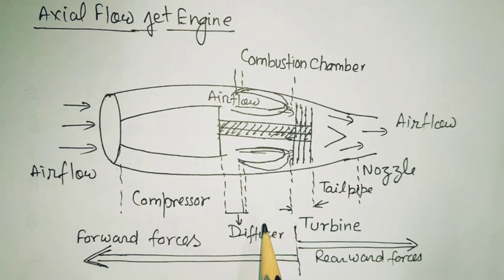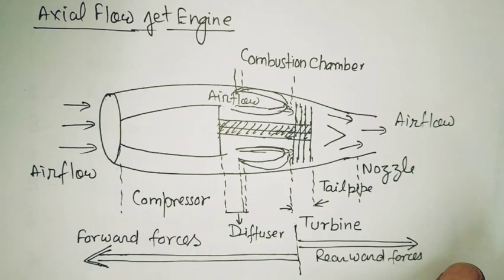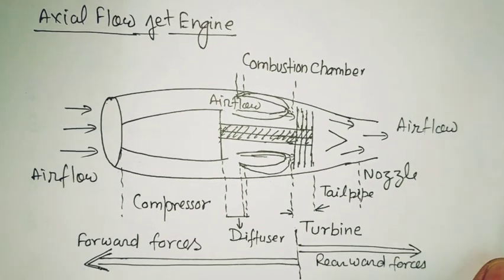Up to here, whatever force is acting is a forward force. And from this turbine, tailpipe and nozzle, that is called rearward force. So this is all about distribution of forces in an axial flow jet engine.